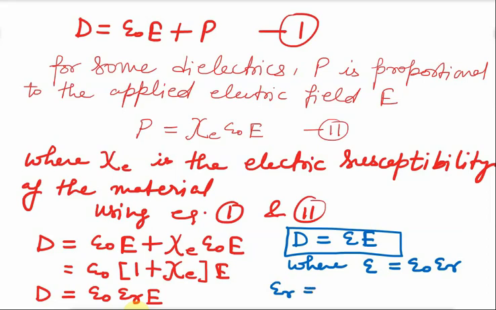This epsilon r is 1 plus chi e, as we have considered. So epsilon r equals 1 plus chi e, and it is equal to epsilon upon epsilon 0, where epsilon is the permittivity of the dielectric medium, epsilon 0 is the permittivity of free space, and epsilon r is the relative permittivity.